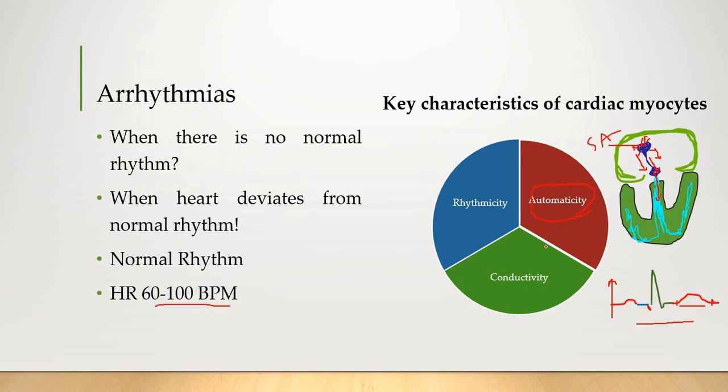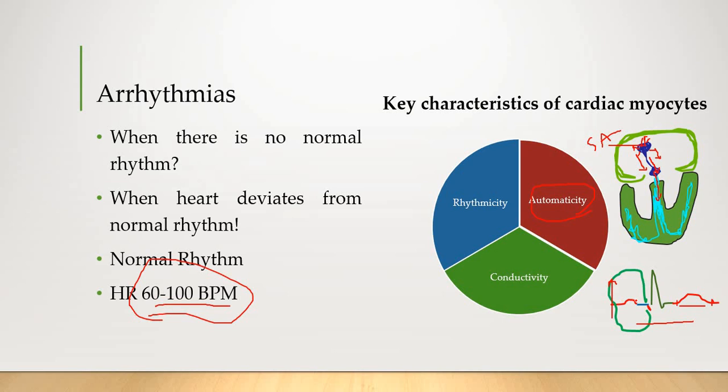Ultimately the rhythm will no longer be normal, as it beats between 60 to 100 beats per minute. These are the three key cardinal characteristics of cardiac myocytes, and all of them should be within the normal range.